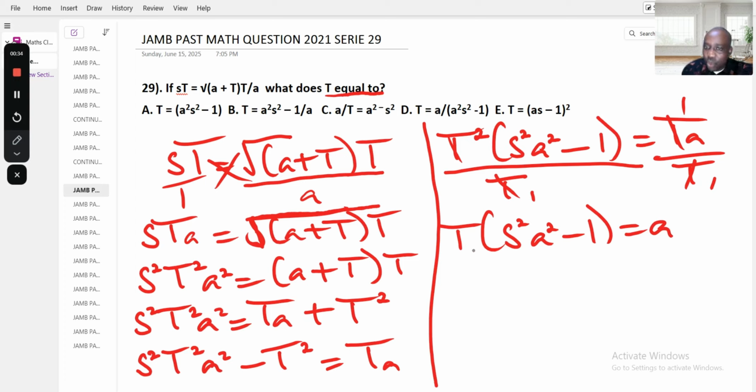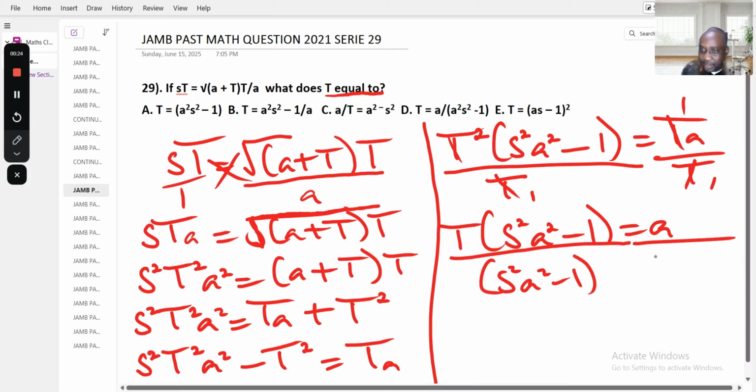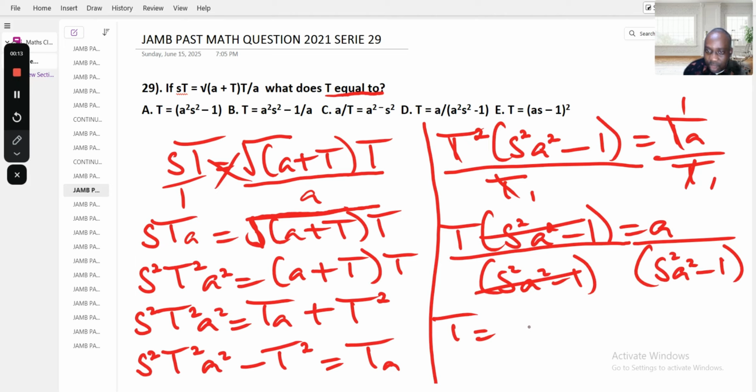Now we are trying to substitute for what? t. Coefficient of t is what? All this one, this bracket. We are going to divide all these brackets by s power 2, a raised to power 2 minus 1 bracket. Here cancel, here cancel. Our final answer we are going to have is a equals s raised to power 2, a raised to power 2 minus 1 bracket.